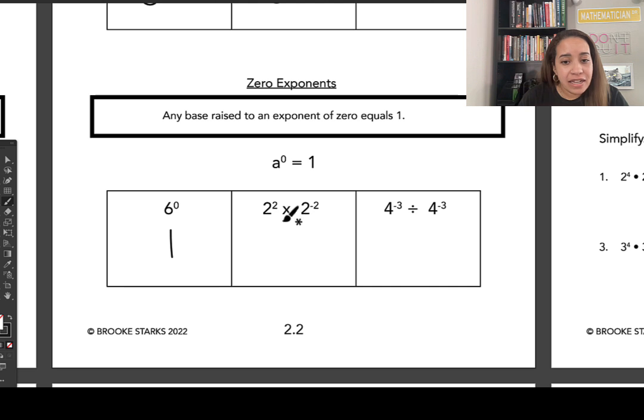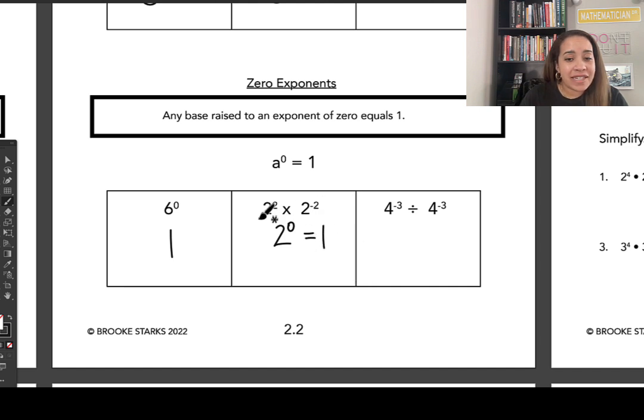So I see multiplication. I know that when I see multiplication, I need to keep the base the same, and then I need to add the exponents. 2 plus -2 is 0. So now I see 2 to the power of 0, and I know that that is going to equal 1.